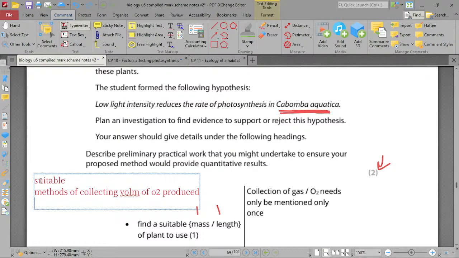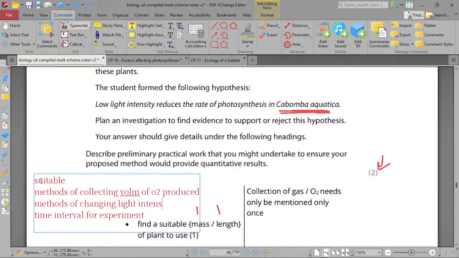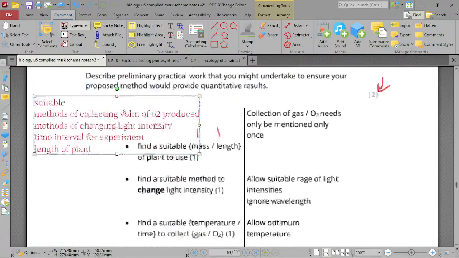Suitable methods of changing the independent variable. I think this is good enough.